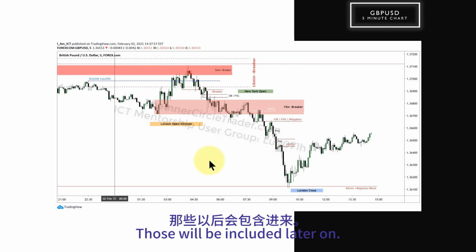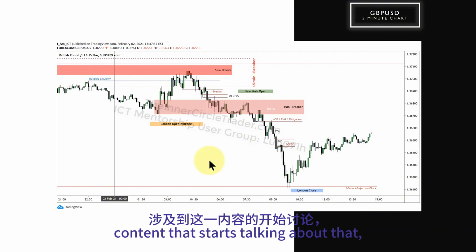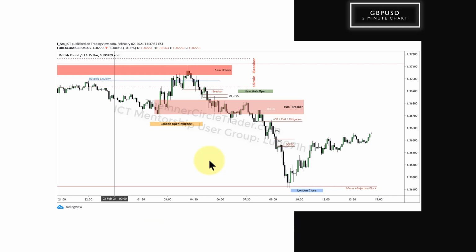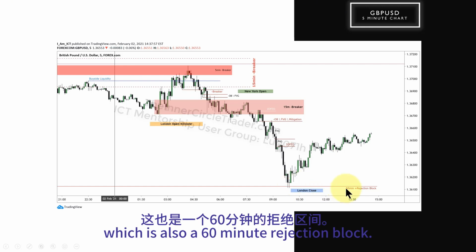Those will be included later on, once everybody in this recent group gets to the level in the monthly content that starts talking about that, then I'll ring it in on the daily. But until then, no. So the market has a retracement from this low here, which is also a 60-minute rejection block.